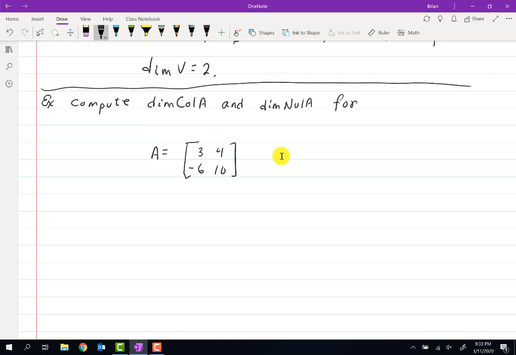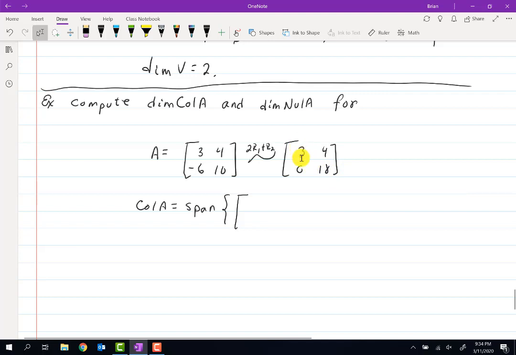Well, once again, we'll just take 2r1 plus r2. We get 3, 0, 4, 18. You don't have to go any farther than what I have now. I now know that the column space of A is spanned by both columns, since I have two pivot columns. So both of these columns must be useful in the span.